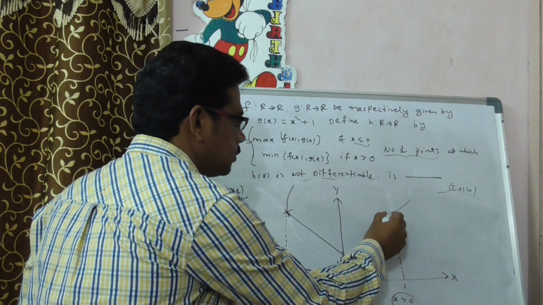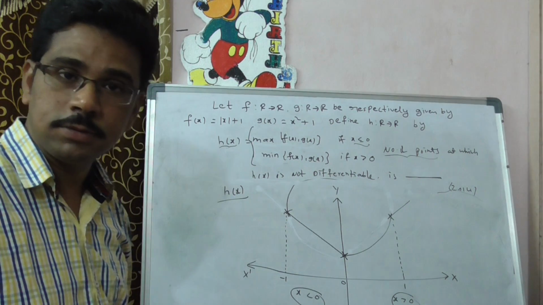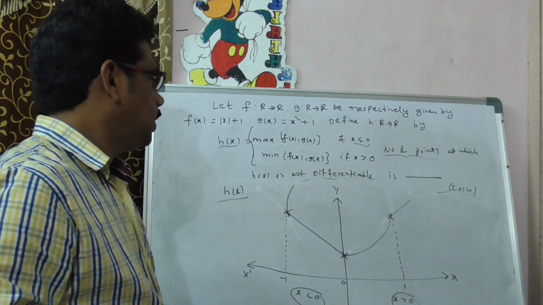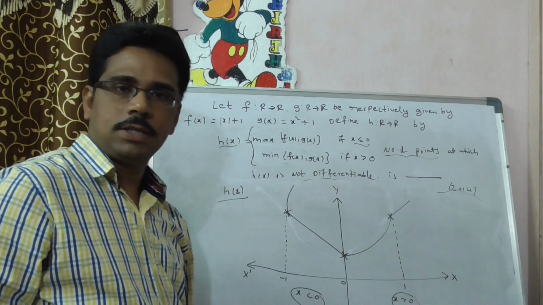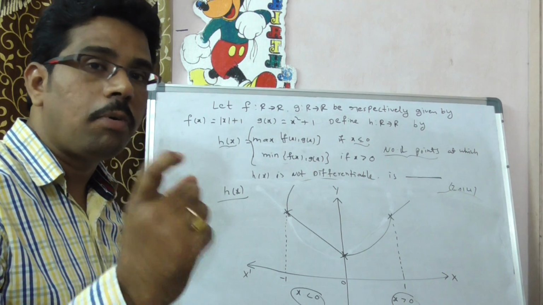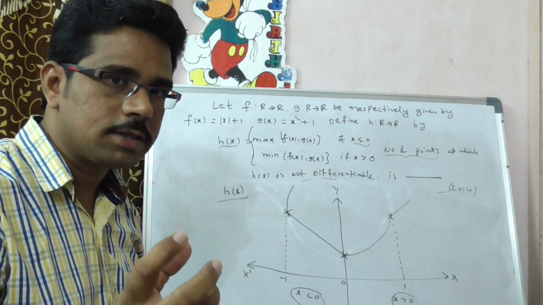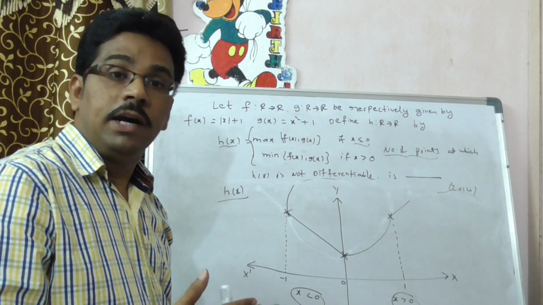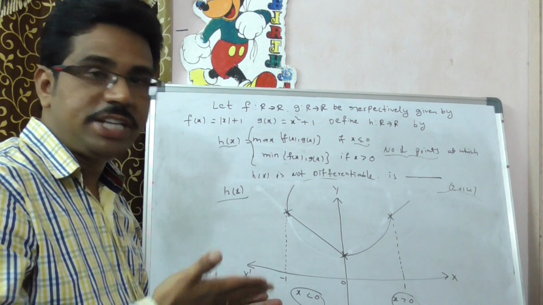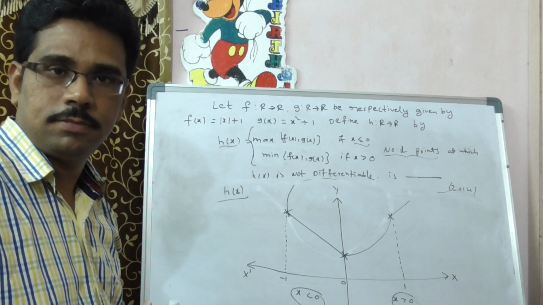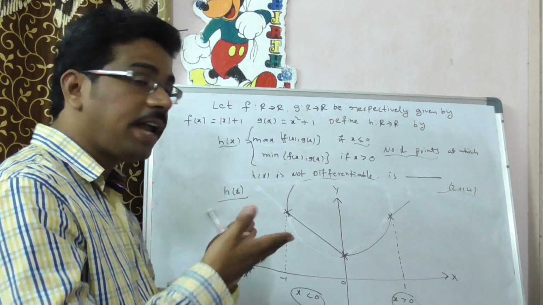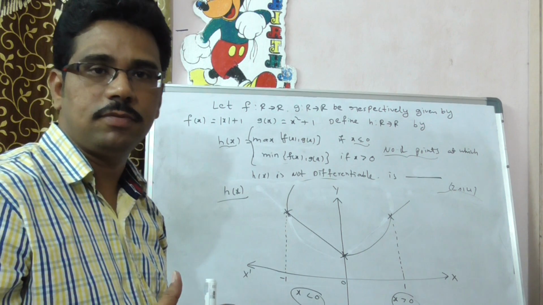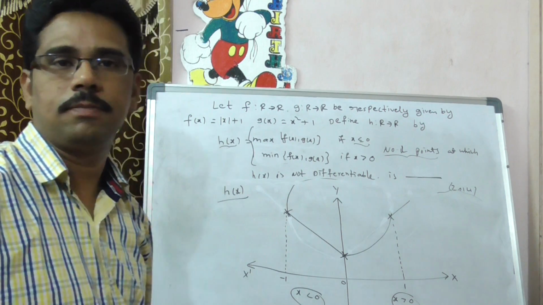Enjoy the subject. That is very important. So here, what is the concept? We have to calculate non-differentiable points. Catch the concept. By using the graph, where the graph changes its shape, where the graph takes a turn, at those points the graph is not differentiable.